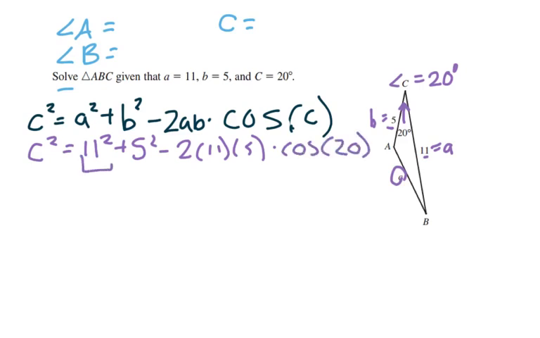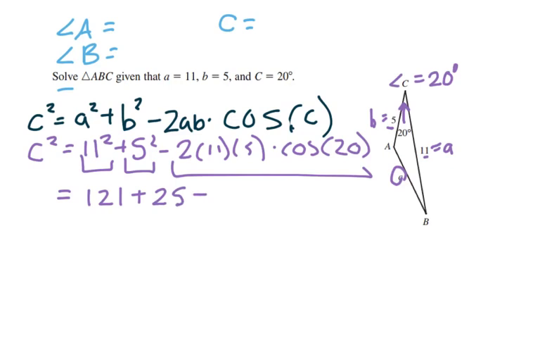So we can solve this out. We can get each of these chunks. 11 squared is 121, 5 squared is 25, and then 2 times 11 times 5 times cosine of 20, and don't forget to check if you are in degree mode, because it's 20 degrees. So that's 103.3662.